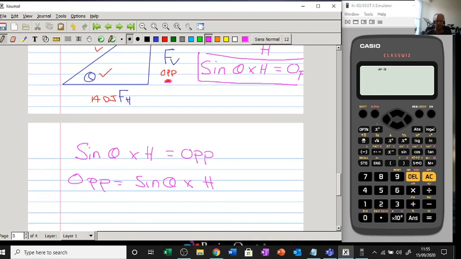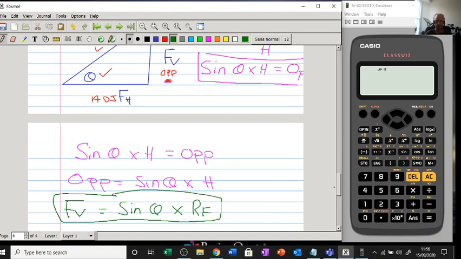So FV, just the length, equals sine of the angle times by the resultant force. Because my opposite is the same length as my vertical force, and my hypotenuse is my resultant force.